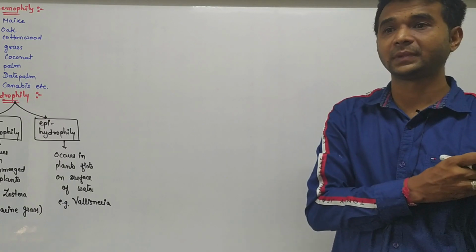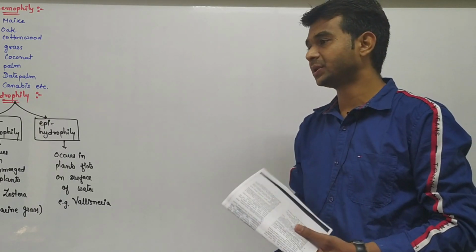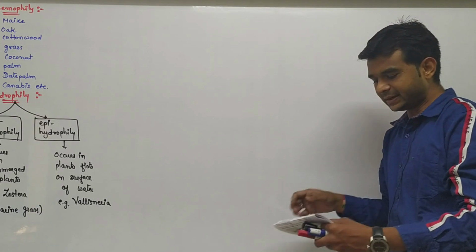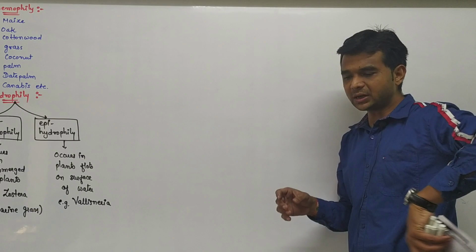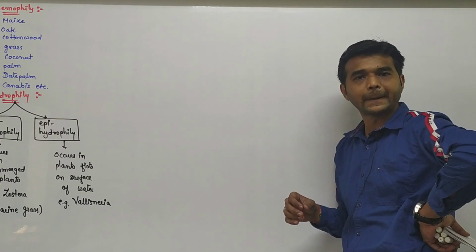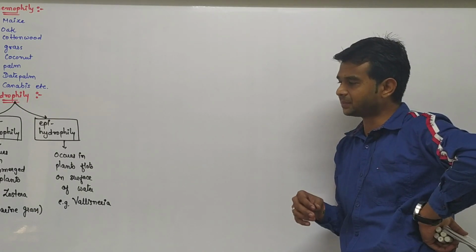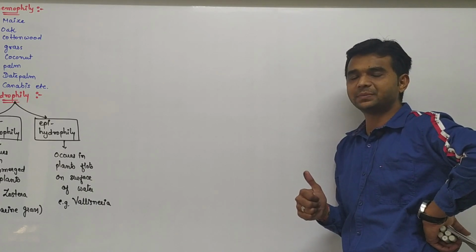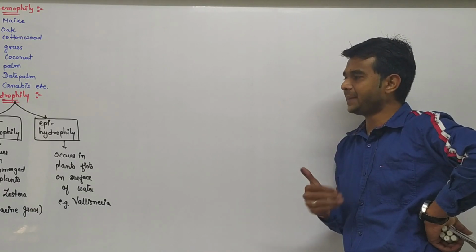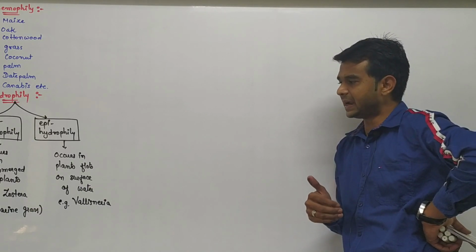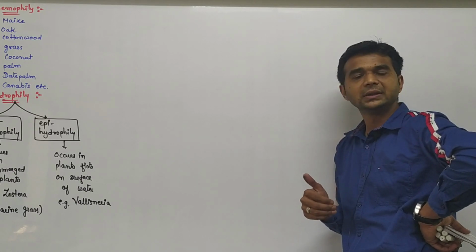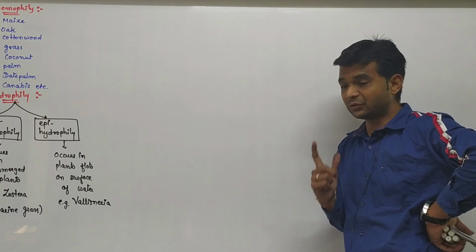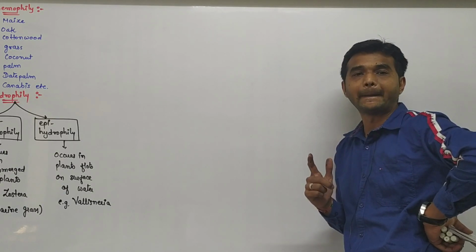Hypohydrophily means the pollination occurs in submerged plants. You know that the plants which occur below the water surface level are known as submerged plants. Example, Zostera. Zostera is marine grass. And epihydrophily occurs in plants that float on the surface of the water. Example, Vallisneria.